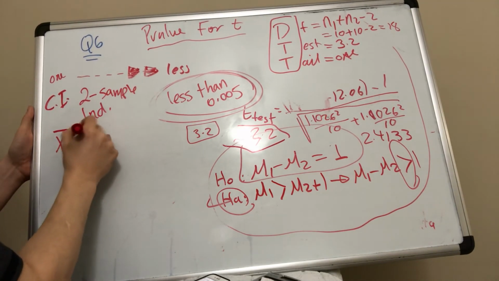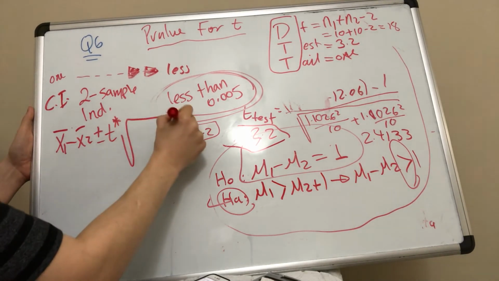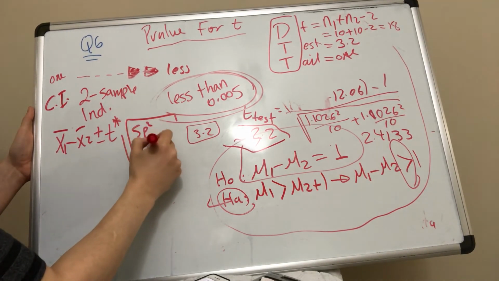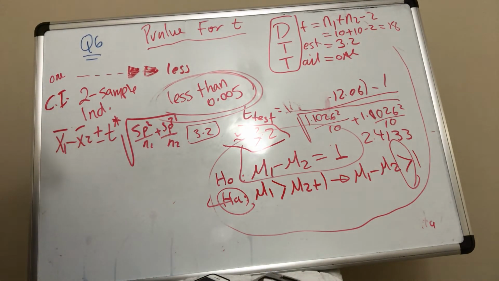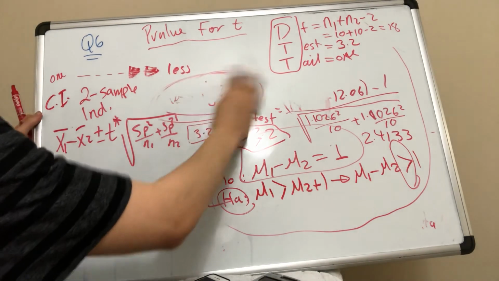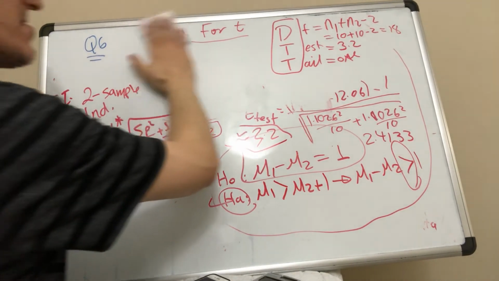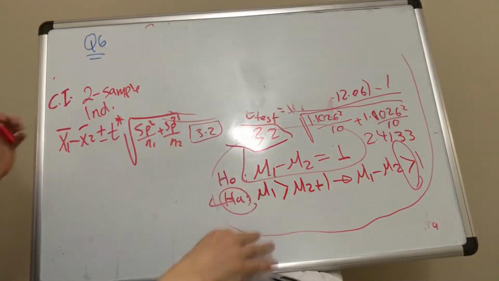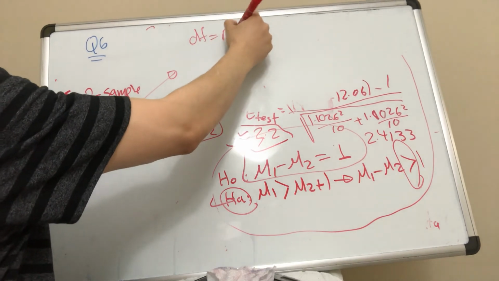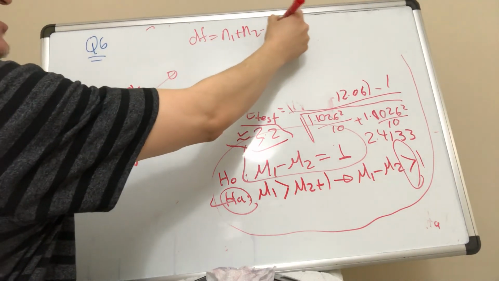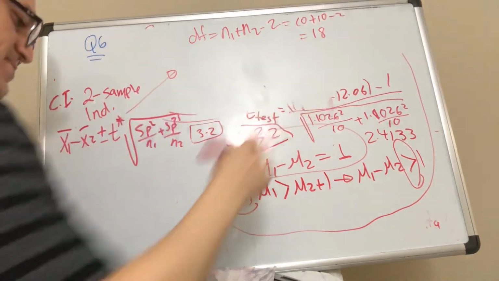Average 1 minus average 2 plus or minus T star times the square root of SP squared over N1 plus SP squared over N2. Now, to get this T star, we need the degrees of freedom. We know from earlier it was 10 plus 10 minus 2, 18.